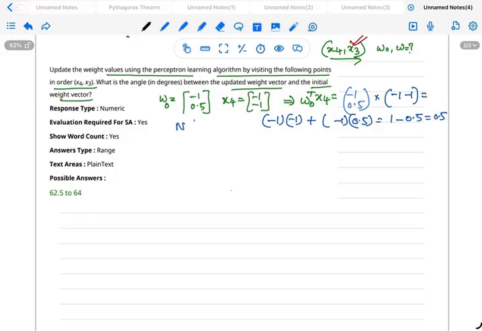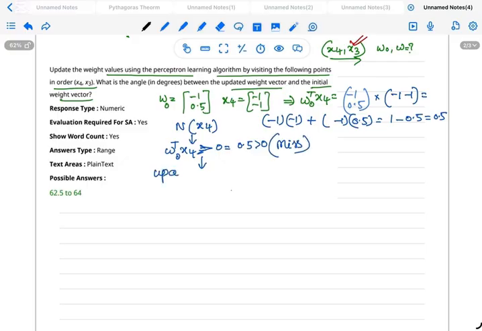Originally the data point x4 is negative, but W0 transpose x4 is greater than 0. That is, 0.5 is greater than 0, so it is misclassified.